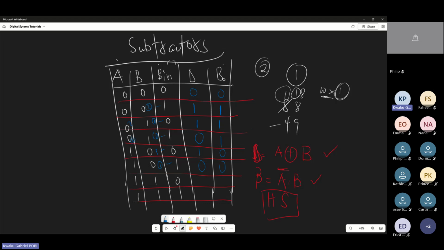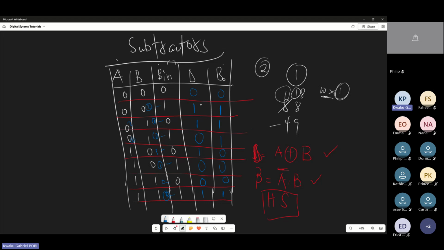Now, this last but one stage is 1 minus 1, which is 0. And then that 0 minus this 0 gives us what? A 0. You didn't borrow. Then here, you have 1 minus 1, which is 0. And that 0 minus 1 gives us something we don't want. So you go and borrow 1 here. It becomes a 2. Then the 2 minus 1 gives us a difference of 1. So this is the table you end up with.